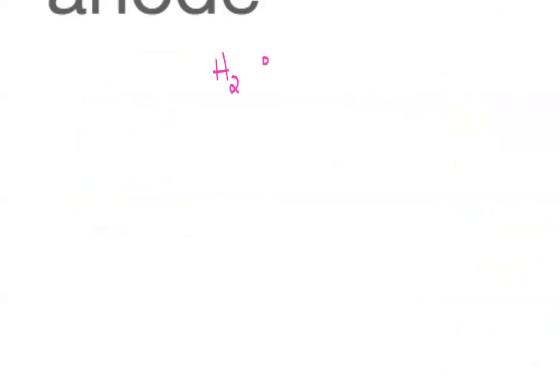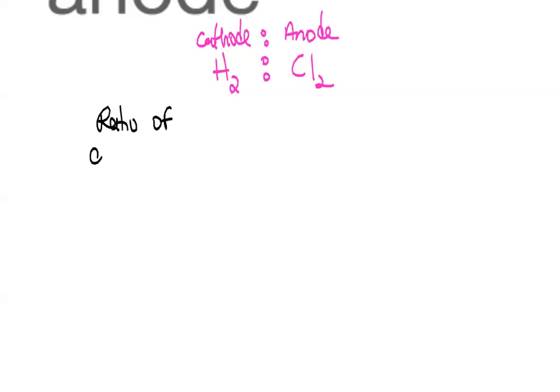Let me see what you will put in the chat. Cathode, anode. I want to be clear on what I'm saying to the examiner. What will be the ratio of gases? Ratio of gas volumes will be, who says 1:1? Because look at the two of them. The two of them required 2 electrons. All good?